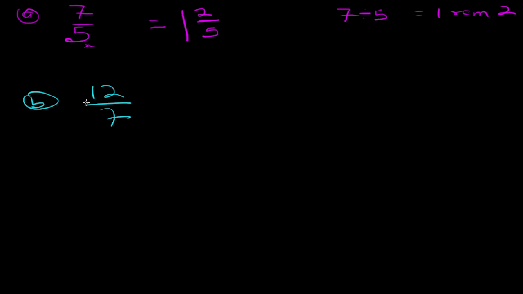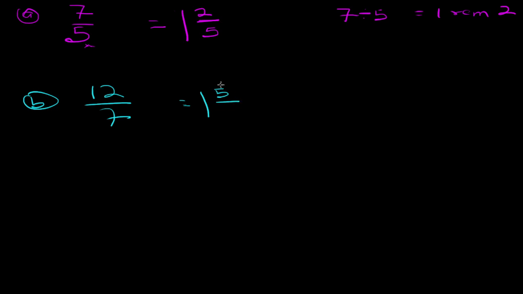Let's divide the numerator by the denominator. 12 divided by 7. What does it give us? How many times does 7 go into 12? 7 goes into 12 just once. What remainder does it leave? It leaves a remainder of 5.